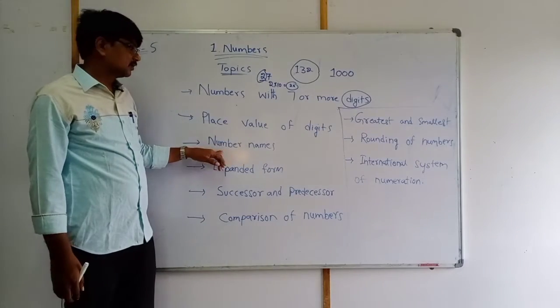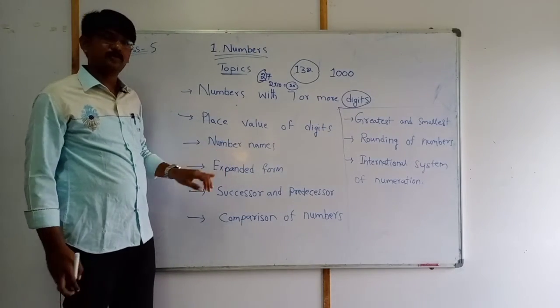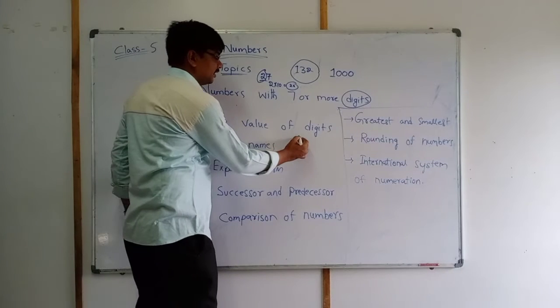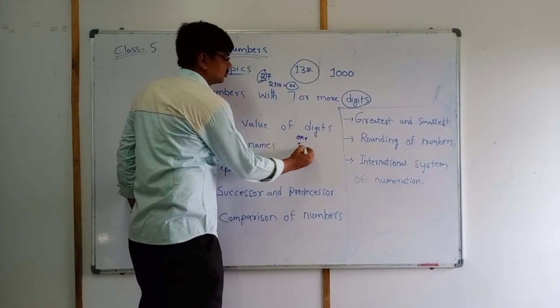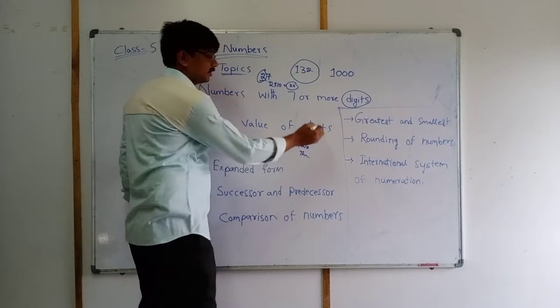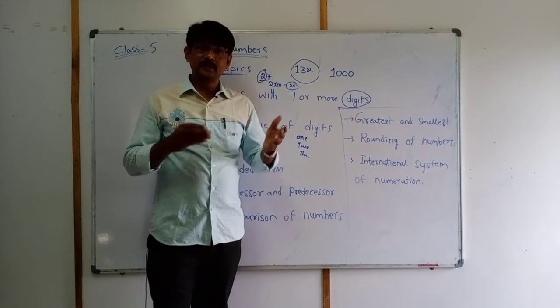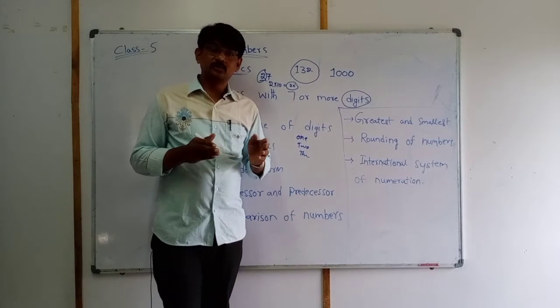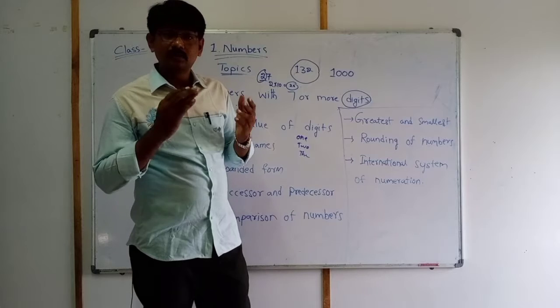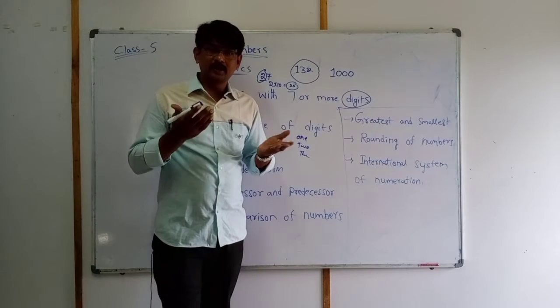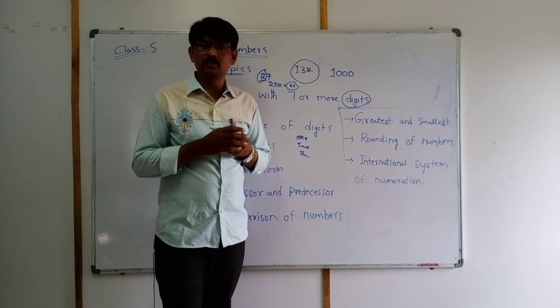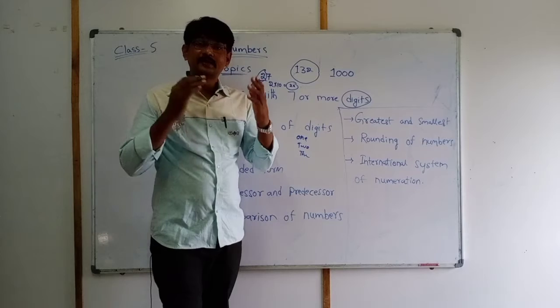Next topic, number names. One 1, two 2, three 3, four 4, ten 10, twenty 20, 30, 100, 1000, 10,000.